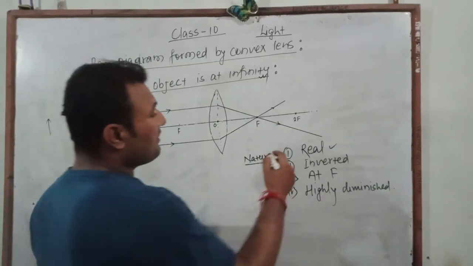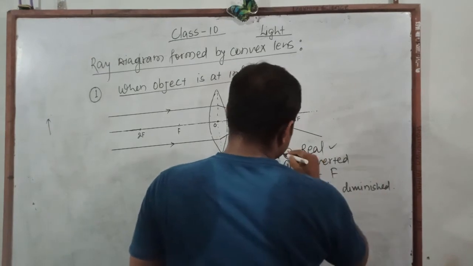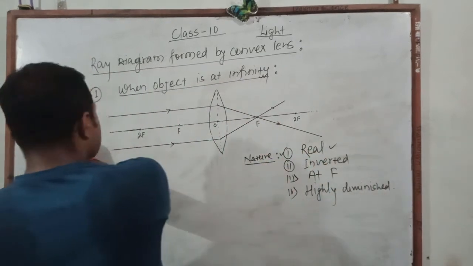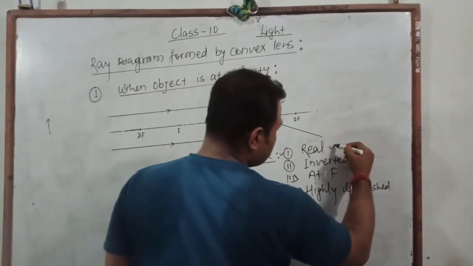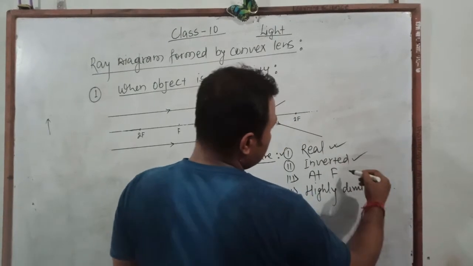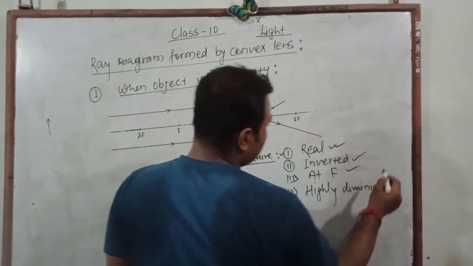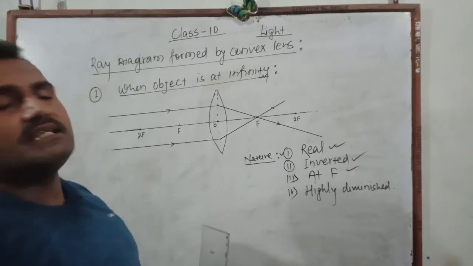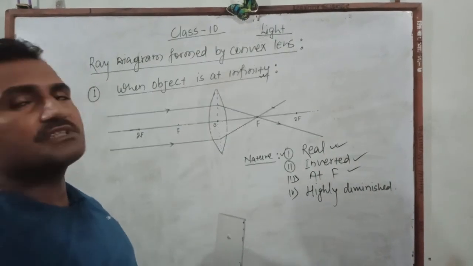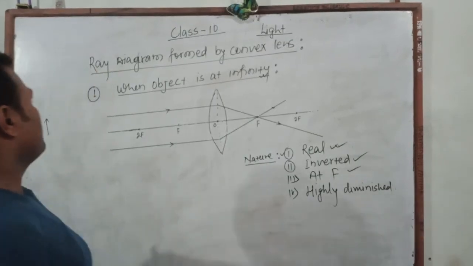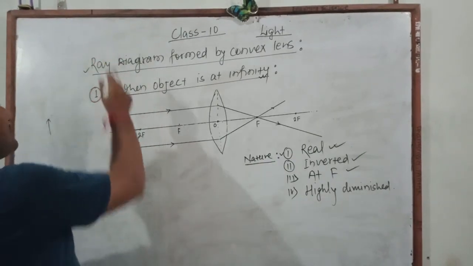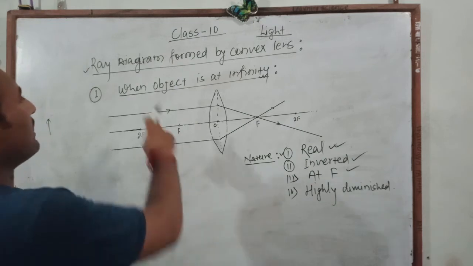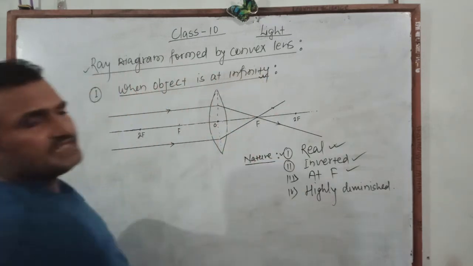Such a nature is obtained: when the object is at infinity, a real image is obtained, inverted, formed at F, and the image will be infinitely small, therefore it is called highly diminished. In this way, we drew the first condition, when the object is at infinity.